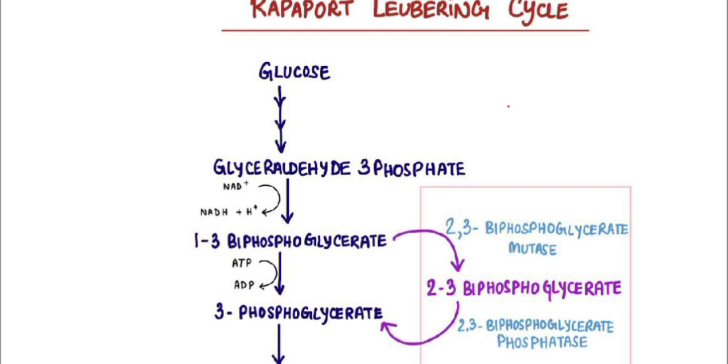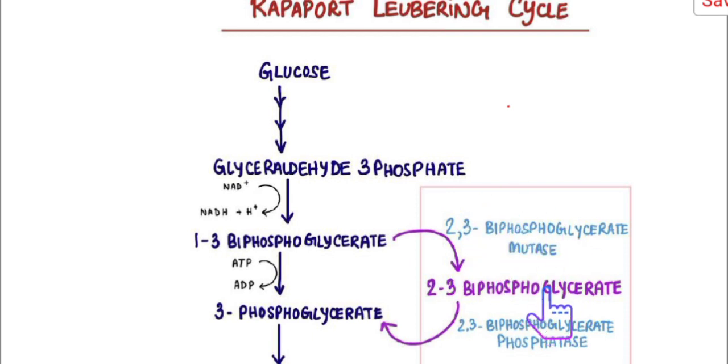Of 1,3 bisphosphoglycerate. So we can take 1,3 bisphosphoglycerate so that we produce what we call 2,3 bisphosphoglycerate. There is an enzyme called 2,3 bisphosphoglycerate mutase. What is this enzyme doing?